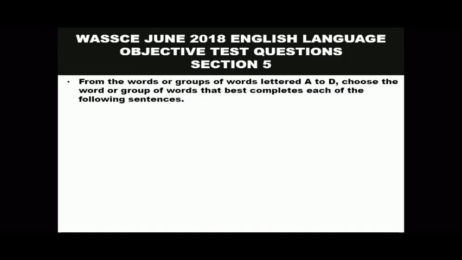Now, we are taking our test from the West African Senior School Certificate Examination of June 2018, English Language, objective test questions, and we are taking the test directly from section 5. Now, here is the instruction. From the words or group of words lettered A to D, choose the word or group of words that best completes each of the following sentences.